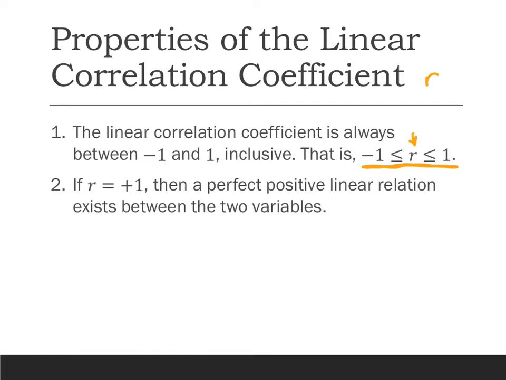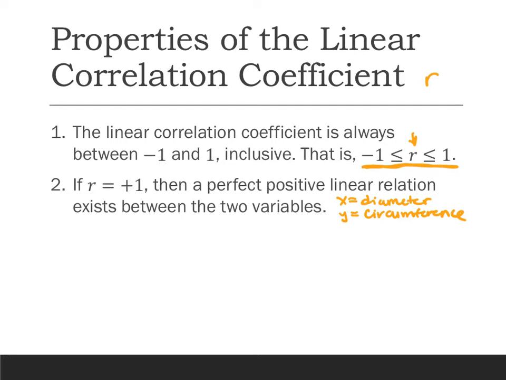For example, if we let X equal the diameter of a circle, and we let Y equal the circumference, then that would have a perfect R equals 1 positive linear relationship.